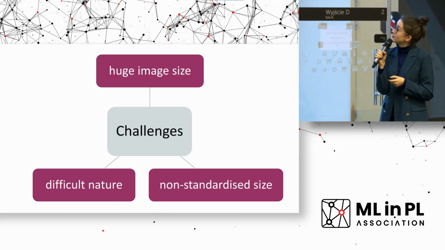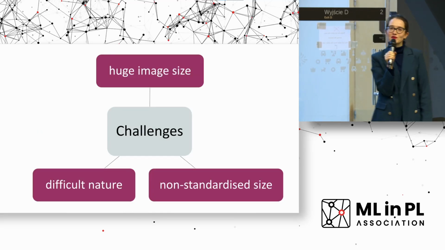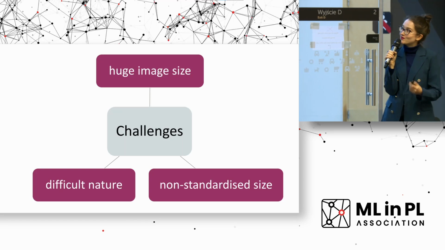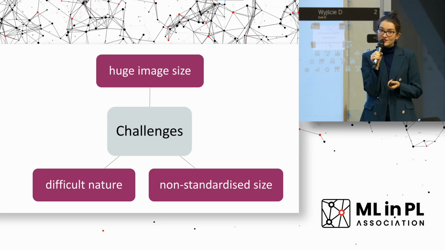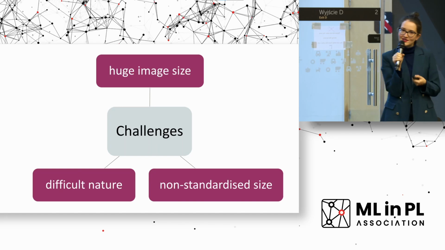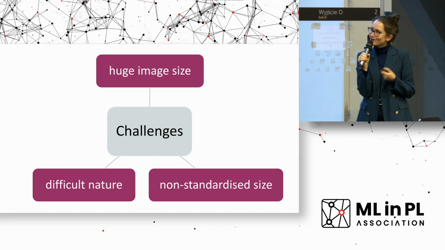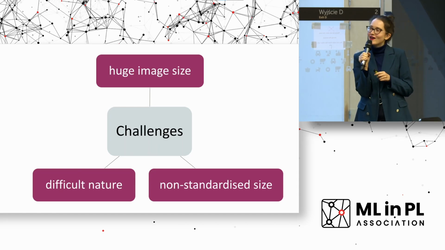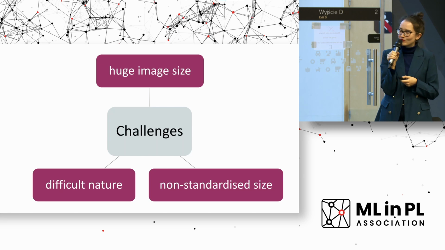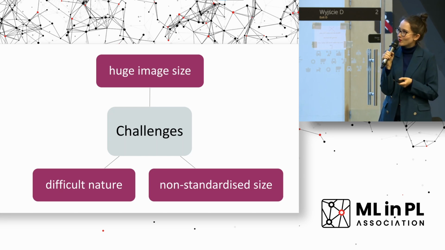So you may expect that it comes with some challenges. First of all, the technical ones. We have huge images, and also they don't have standardized size. So once we want to load these images to memory, it's not feasible most of the time, and also it's not feasible to process them in one go, but we have only one label. So we have to find a solution, and I'll go into that in a moment.